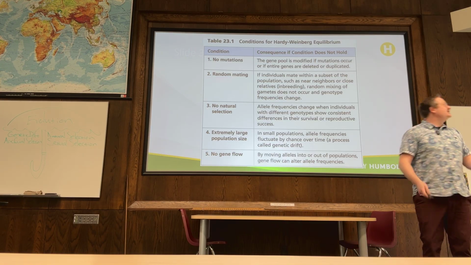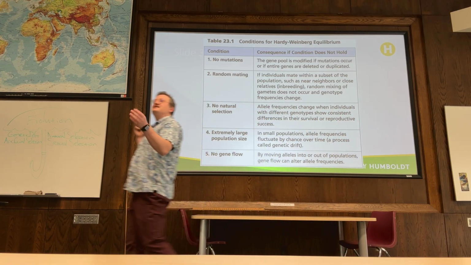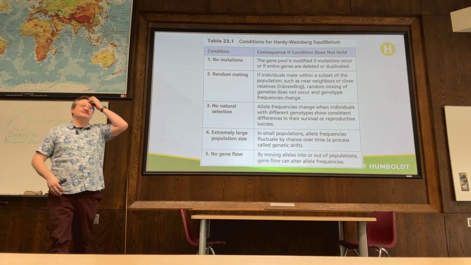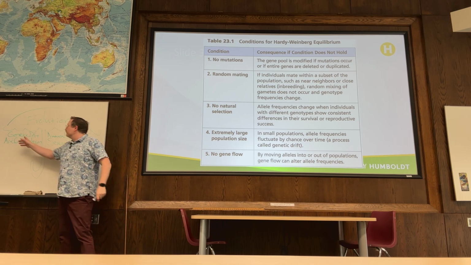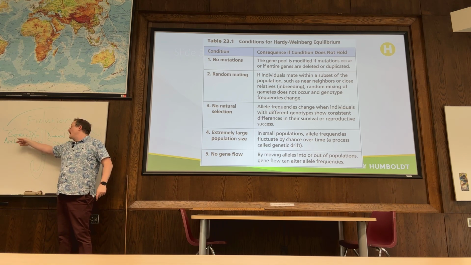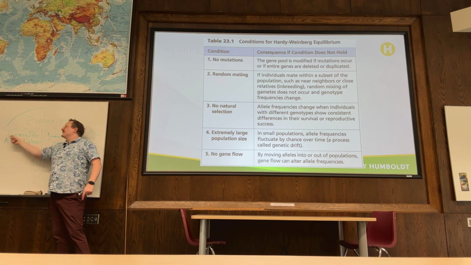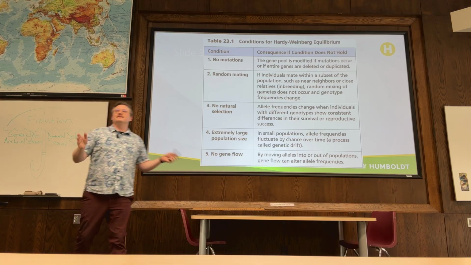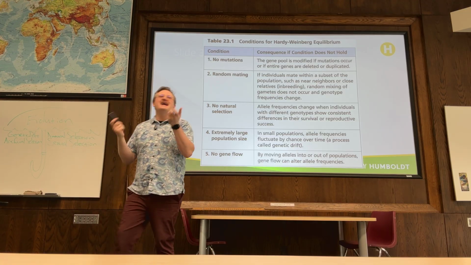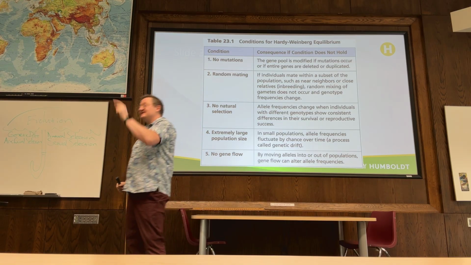That's a massive shift in allele frequencies. So a large population buffers these random changes in allele frequencies, which are grouped together under the term genetic drift. Genetic drift is an umbrella term for all of these random processes that have nothing to do with increased fitness.